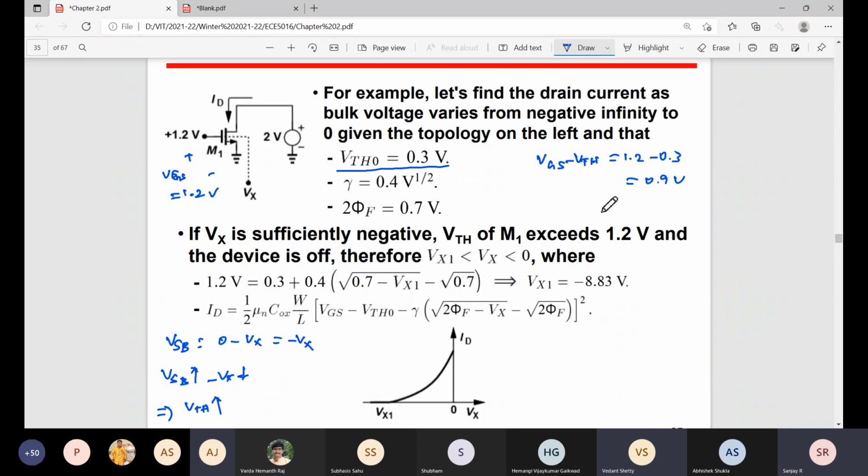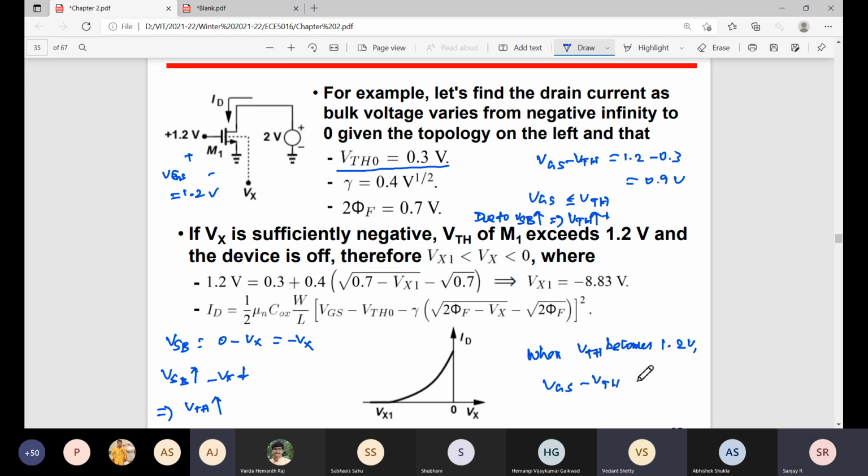So what is that particular point? The transistor will be off when VGS is less than or equal to VTH. Due to VSB increasing, the threshold voltage increases. With VGS assumed to be 1.2, when VTH becomes 1.2 volt, what is VGS minus VTH?